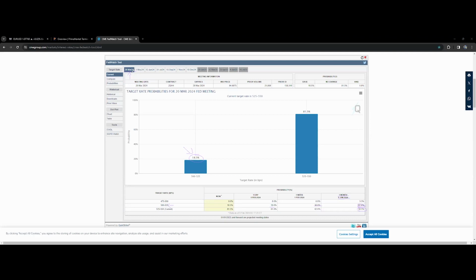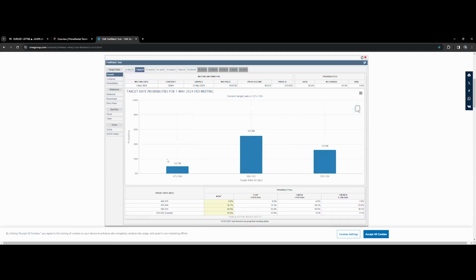Now when we look to May, we can see that 55% of the market is expecting a cut. Even 10% is expecting a 50 basis points cut.